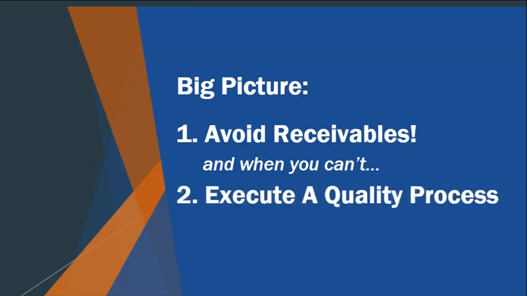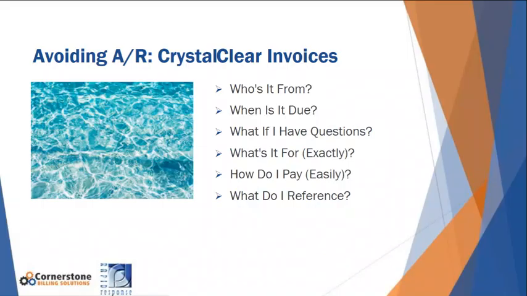The second part of this webinar will cover a quality process. When you do end up with receivables, executing a quality process is really critical, and we'll talk about best practices related to that. So let's start with the invoice itself.